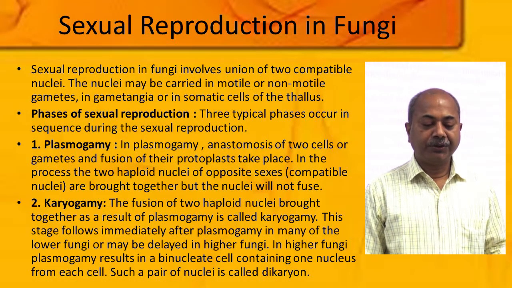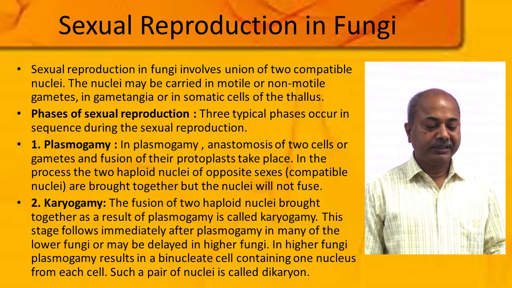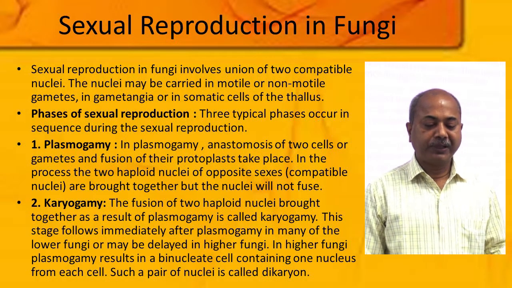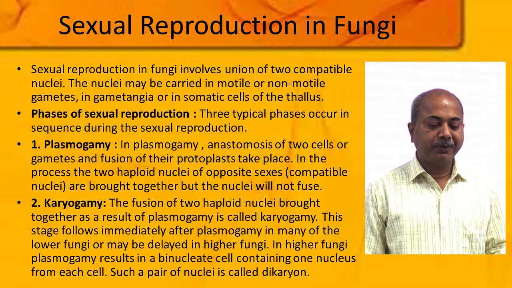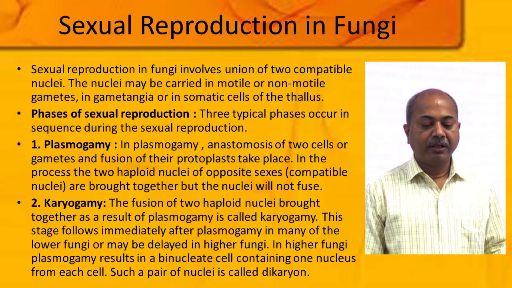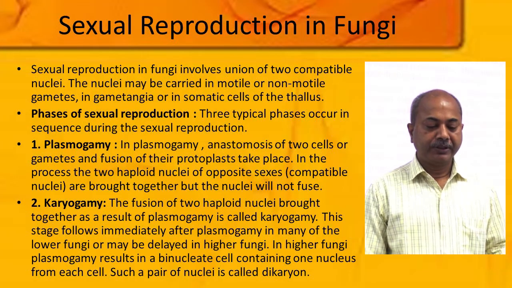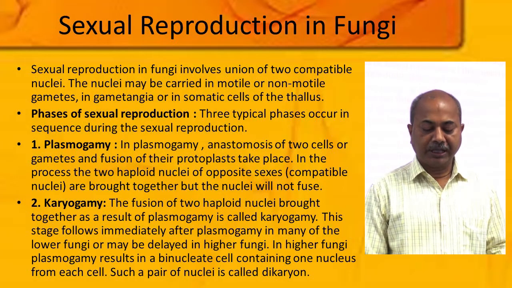This stage follows immediately after plasmogamy in many of the lower fungi and may be delayed in higher fungi. In higher fungi, plasmogamy results in a binucleate cell containing one nucleus from each cell. Such a pair of nuclei is called a dikaryon.